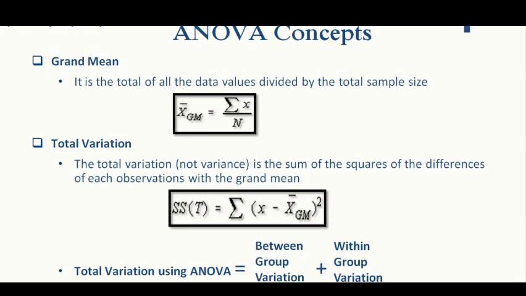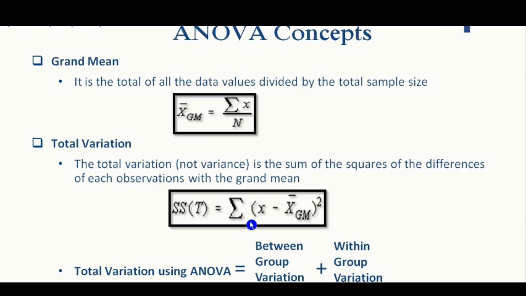So, you have in all N observations coming from, say, k treatments, then you combine all of them together, find the total of all these observations and divide by capital N, and you get the grand mean, that is the overall mean in the data. Now, the idea behind the analysis of variance is as follows.